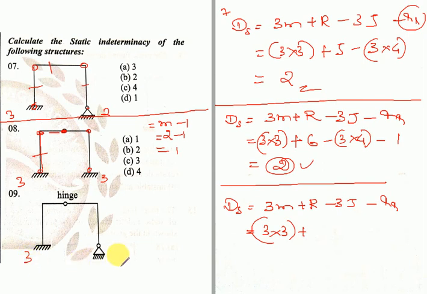Here 3 and here it is 2. 3 plus 2 is equal to 5, minus 3 times the joints, 1, 2, 3, 4 joints, minus m minus 1 is equal to 2. Sorry, redundant reaction would be 1. So if you calculate this, the answer will come to be 1.